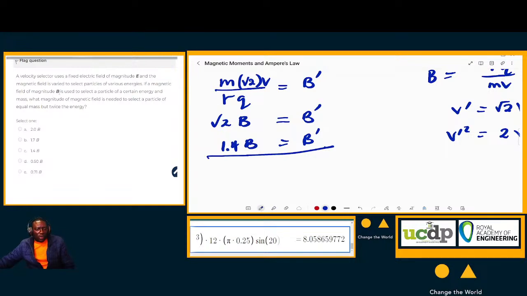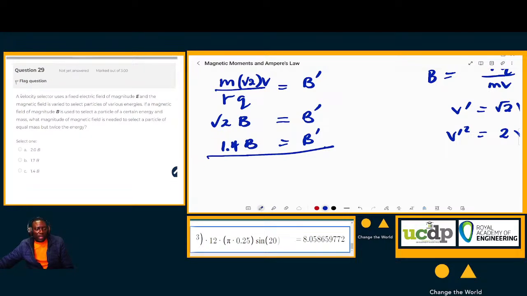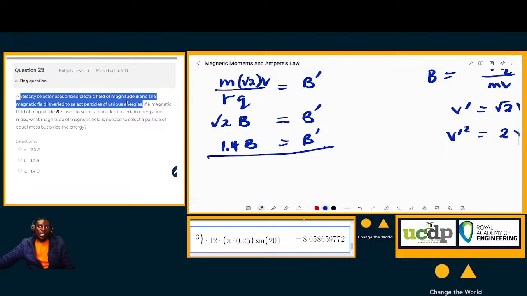What we need to understand with this question is the nature of this velocity selector and how the electric field works. Are we dealing with crossed fields, or is the electric field there to accelerate the particles first? It will give particles of a certain charge, for the same mass, some kinetic energy.